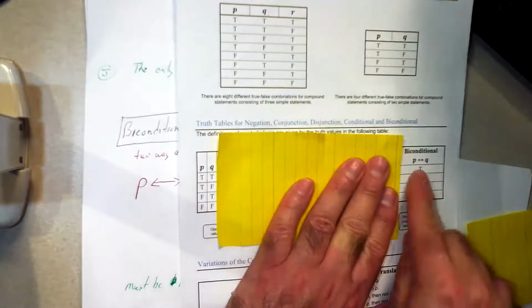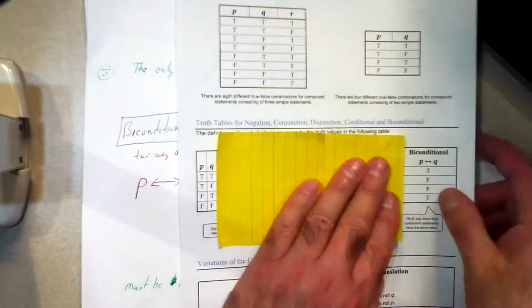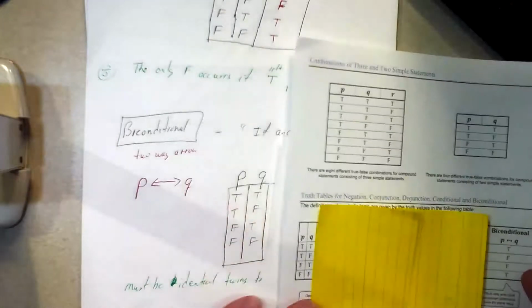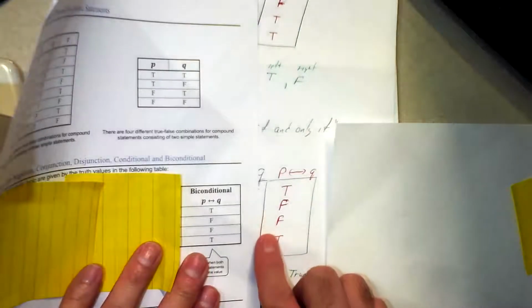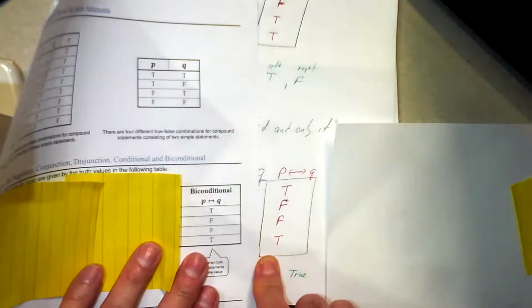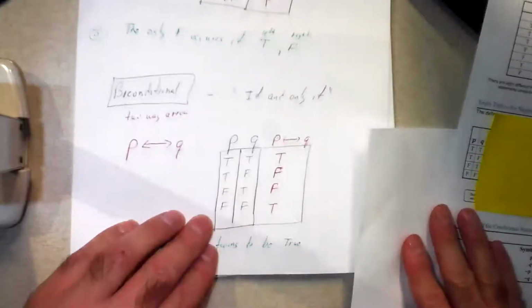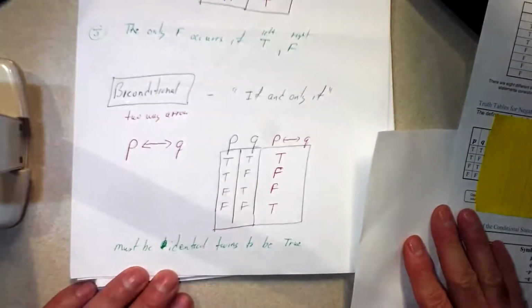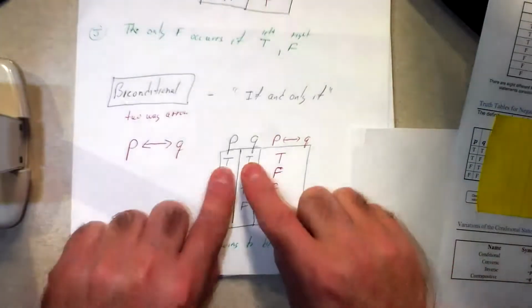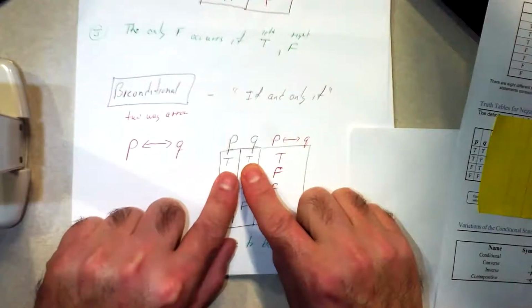So I'm going to copy those. Those are my results, and I'm going to put them on my table. There they are. T, F, F, T for double arrow. If you want to remember it, here's a way. The rows must be identical results in order for it to be true.